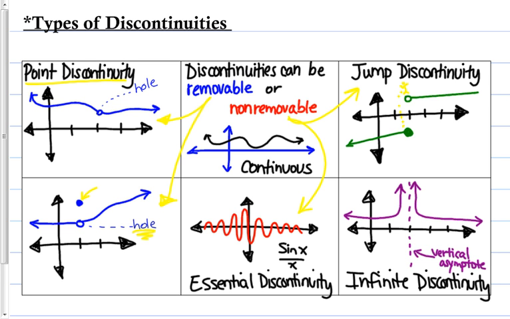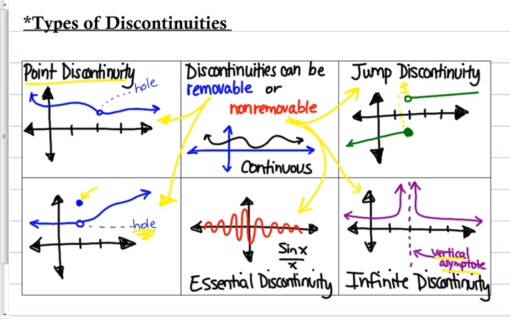And then last but not least, the third non-removable is the infinite discontinuity. This is usually when we have a vertical asymptote and part of the graph just goes up towards infinity or down towards infinity, or part of it goes up and the other part goes down.